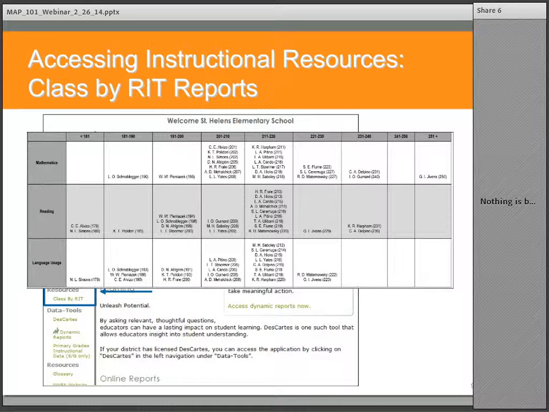What's important about this is that across the top again are the various RIT ranges. Down the left side are the subject areas. And then we can see in each subject, I'm just going to take math across the top because it reads real clear across the top. We can see that these students range from 181 all the way up to 251 plus.